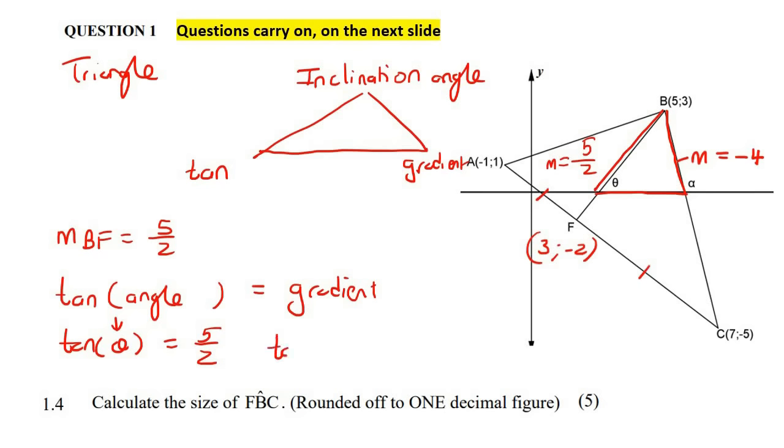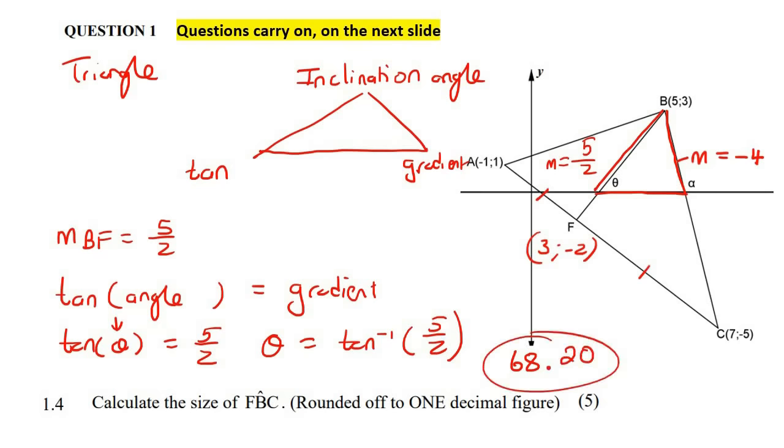So theta is equal to inverse tan of 5 over 2, which is where you use shift on your calculator. So you say shift tan of 5 over 2. To round that off to 2 decimal places, that's going to be 68.20. I know we said 1 decimal, but we can do that at the end.